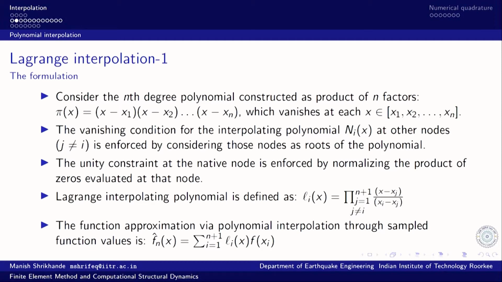So, the product is essentially multiplied by the equation of roots, x minus x i, x minus x j, and then this is evaluated at the ith node for which we are deriving the interpolation function, and that is normalized with respect to that value.